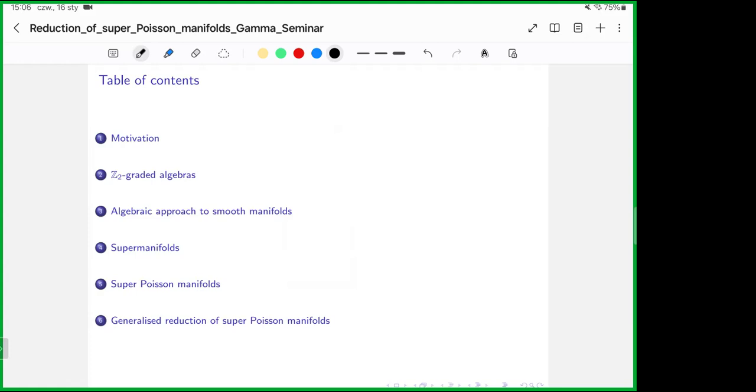Then I will present an algebraic approach to smooth manifolds, since it is more convenient to generalize it further to supermanifolds than the usual language of charts and atlases. And then finally, I will move to supermanifolds, and in particular super Poisson manifolds. And then I will present the reduction of super Poisson manifolds in the context of generalized reduction of dynamical systems.